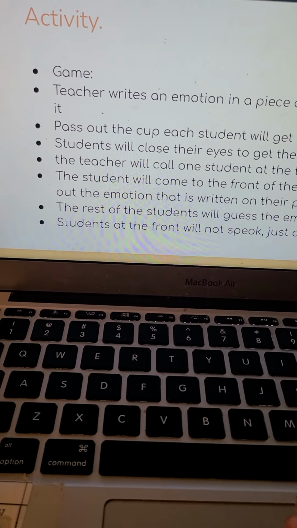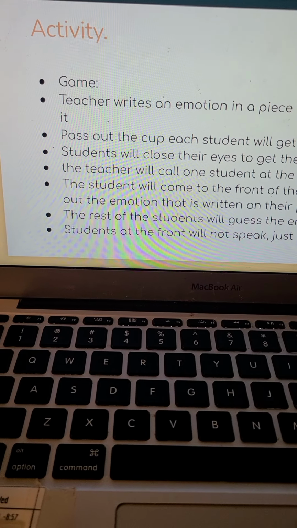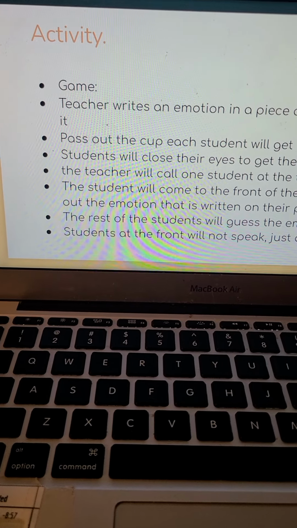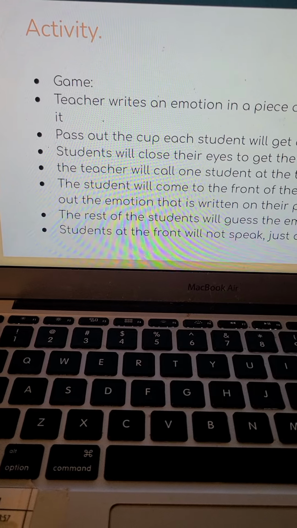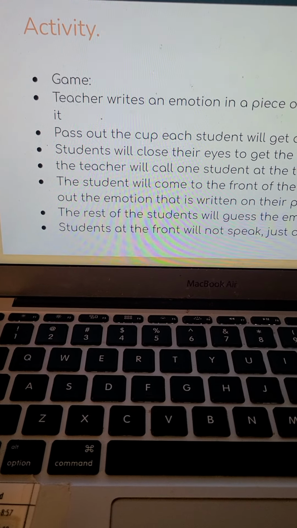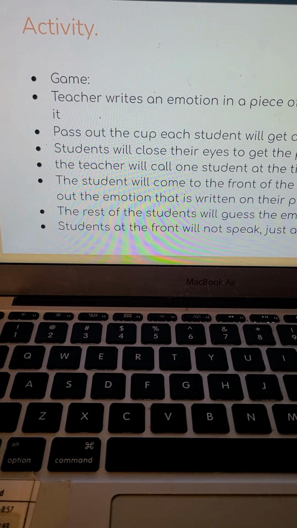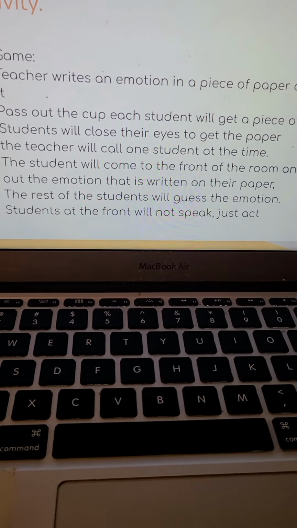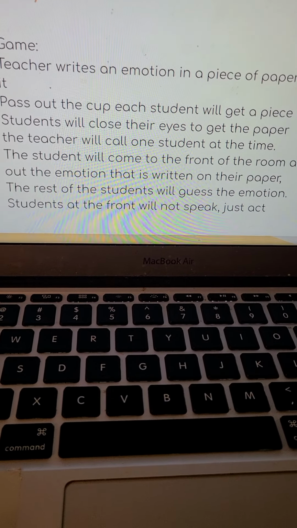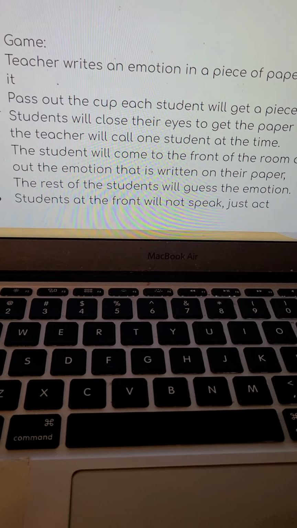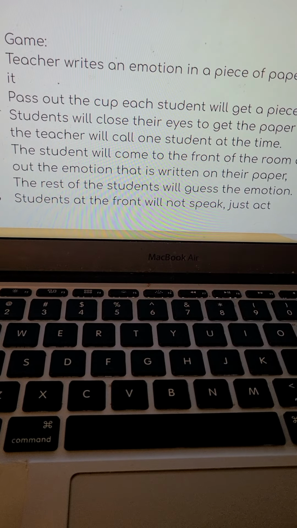Okay, for example, someone got the emotion happiness. So the student might jump in front of the class and show the big smiley face. Then the students get to guess. Okay, every student will have to act one emotion, even if it's a repeated one.